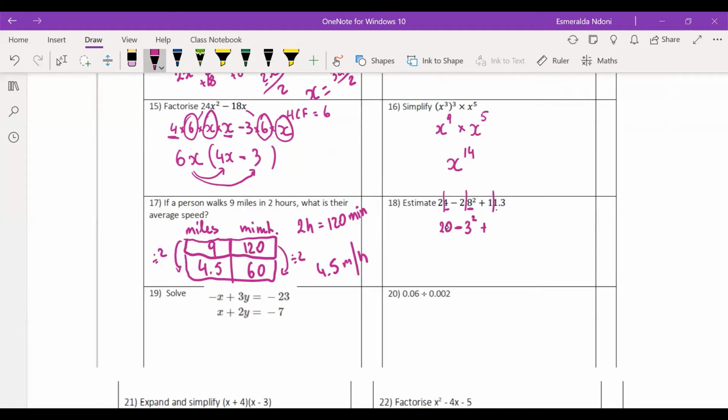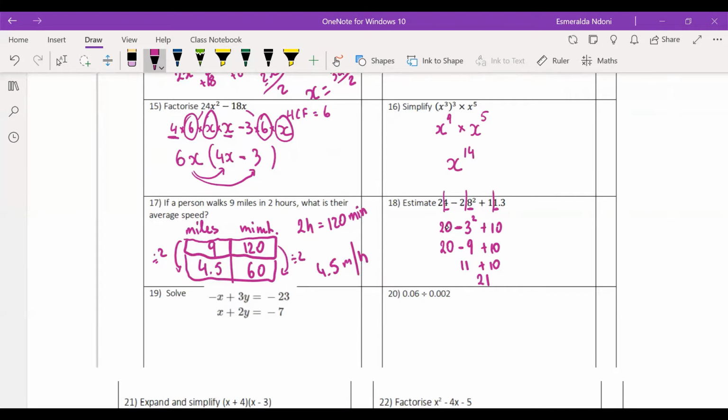Plus 11, the 1 is too weak, so that will remain as 10. Now I work it out, now I calculate. So 20, take away 9, plus 10, that's 11, plus 10, and that is 21.